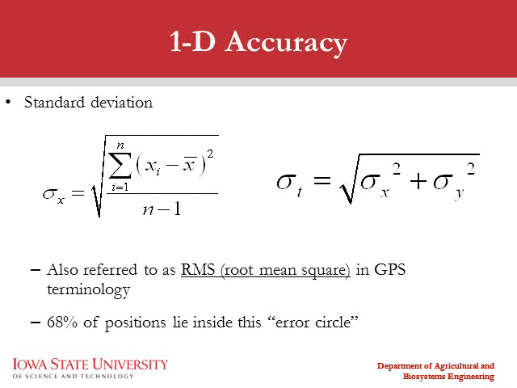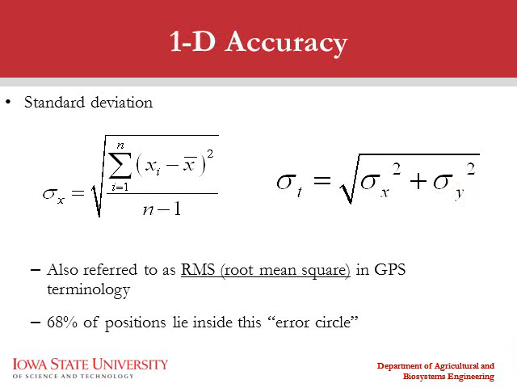To calculate the 1D accuracy of a GPS receiver, what we really need to find is the 1 sigma accuracy level. And the 1 sigma total is equal to the square root of the standard deviation squared in the x direction, easting, plus the standard deviation squared in the y direction, northing.